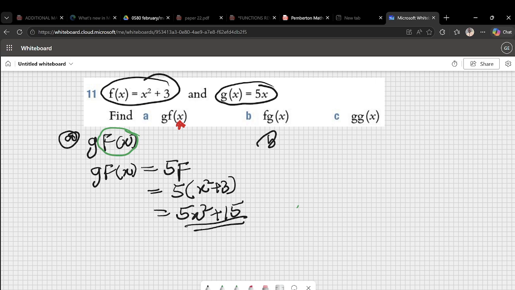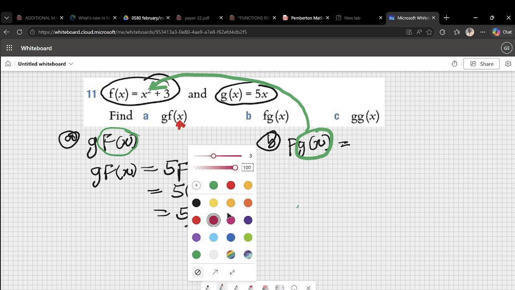The b part, f of g of x. The same thing happens here. The whole of your g is now going to be what you are going to put inside x. So our f is x squared plus 3.